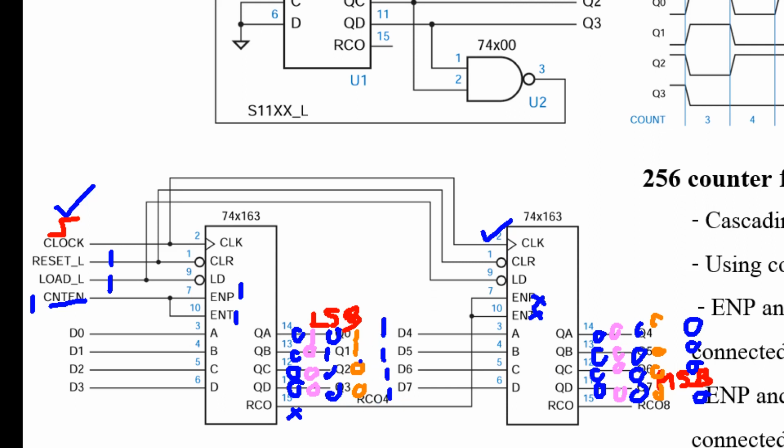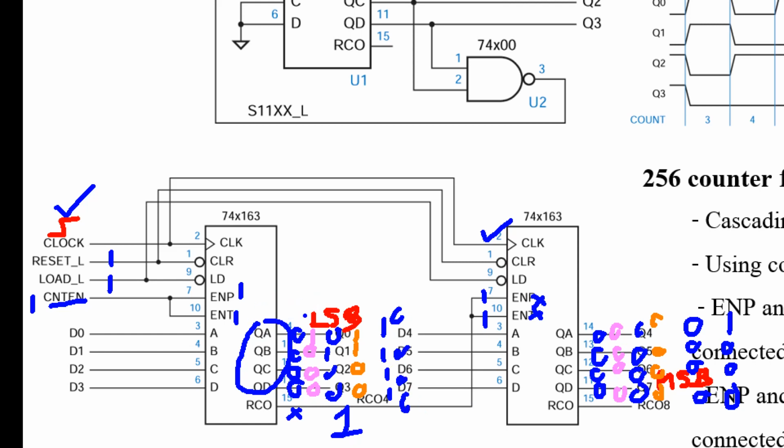Now it's 1, 1, 1, 1 for this, so RCO becomes active. Now enable is active, so when the clock ticks, this IC changes to 0, 0, 0, 1, and this one changes from 1, 1, 1, 1 to 0, 0, 0, 0.